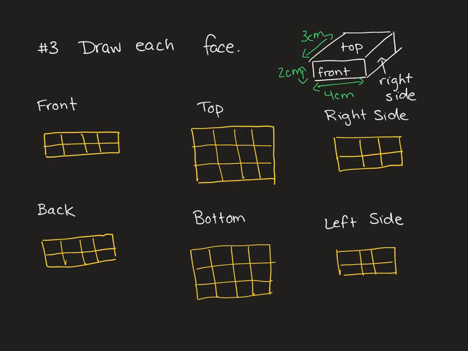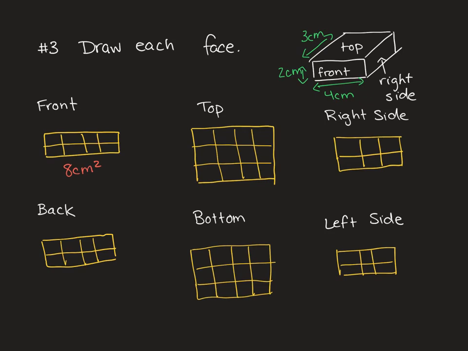Now for part B, they'll ask you to figure out the surface area of each side. So I'm going to do this in red. What would the area of the front be? Basically, how many little boxes do we have? It would be 8 centimeters squared, because there are 8 boxes.